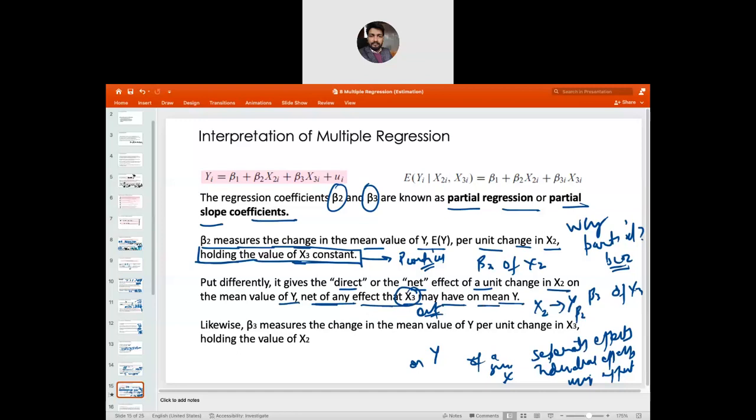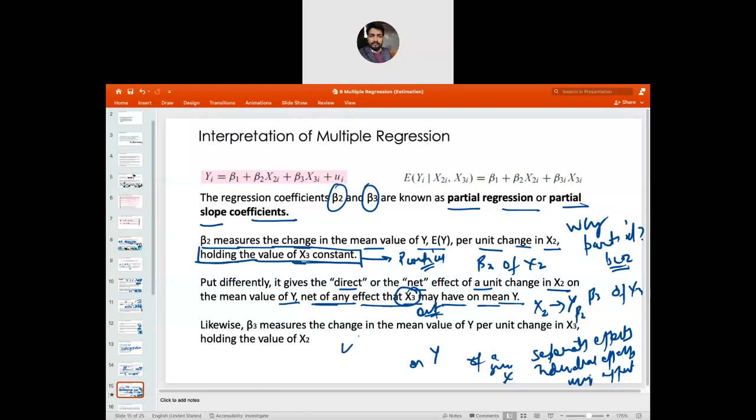Because beta 2 measures what is the change in y if x2 changes, if x2 rises by 1 unit. You have to add one more phrase to it: net of x3, net of any effect that x3 may have, or keeping x3 constant, right?